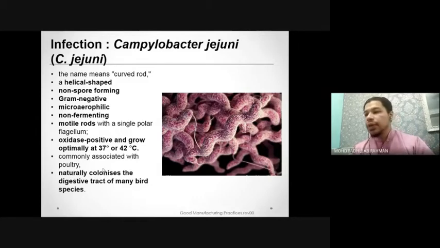This bacteria is commonly associated with poultry or poultry products, including eggs. Naturally, Campylobacter colonizes the digestive tract of many bird species. That's why when we do hazard analysis for products involving poultry, normally we put one of the biological hazards as Campylobacter jejuni.